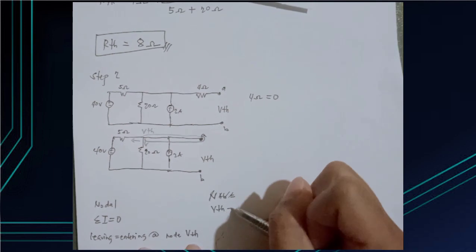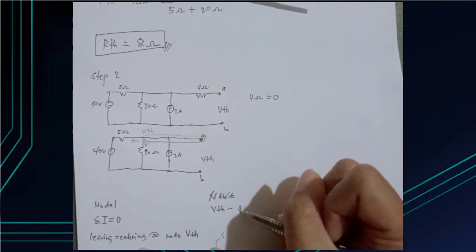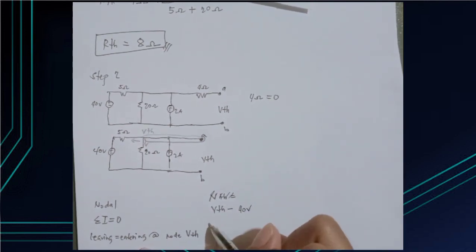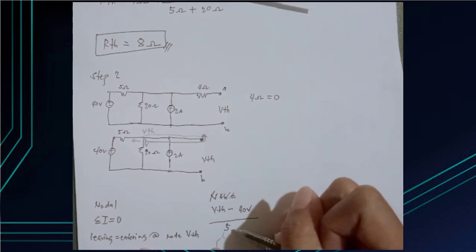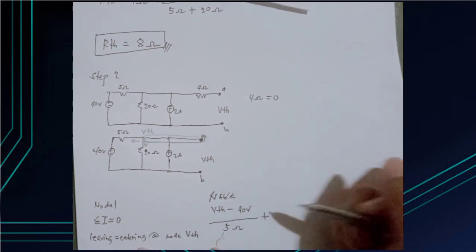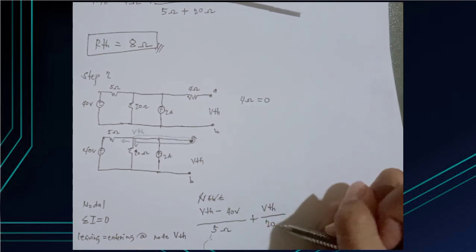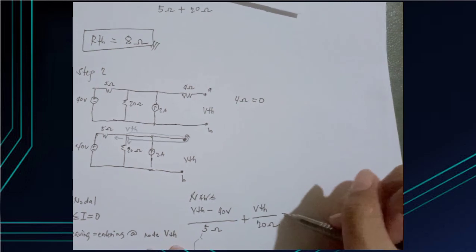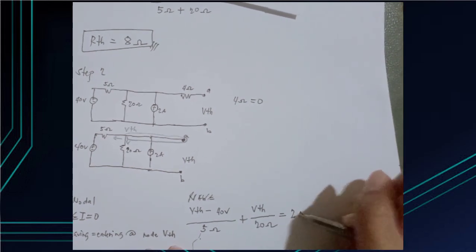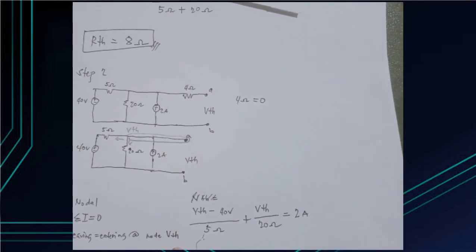VTH minus 40 volts over 5 ohms plus VTH over 20 ohms is equals to 2 ampere. So, ito yung leaving kasi nag-leaving siya.